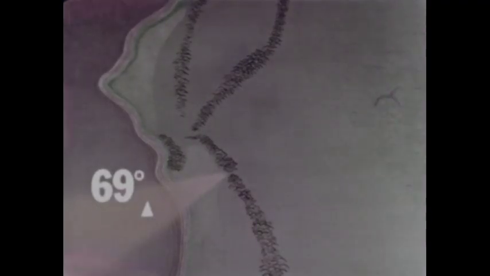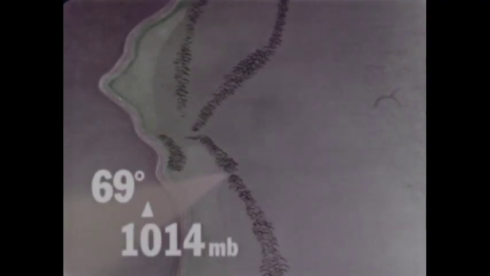This is where the dust is being picked up and carried away. Here is the beach where we set off the smoke bomb and saw the cloud of dust moving seaward. The direction of the wind is obvious. On a weather ship here, the temperature is 69 degrees and the air pressure is 1,014 millibars.